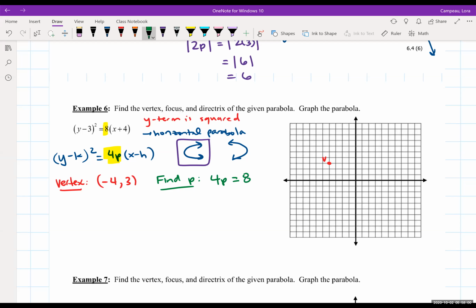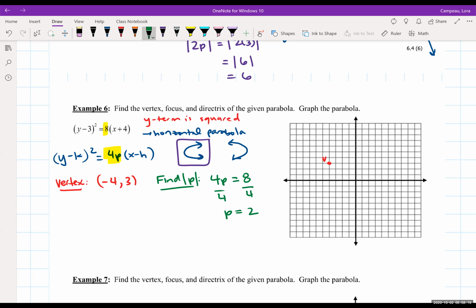And I'm going to be more precise. P is actually a distance, so I don't have to worry about opposites. Kind of helps me with less memorization later if I'm trying to really focus on formulas. If we solve for P, we end up getting P equals 2, or at least the distance is 2.